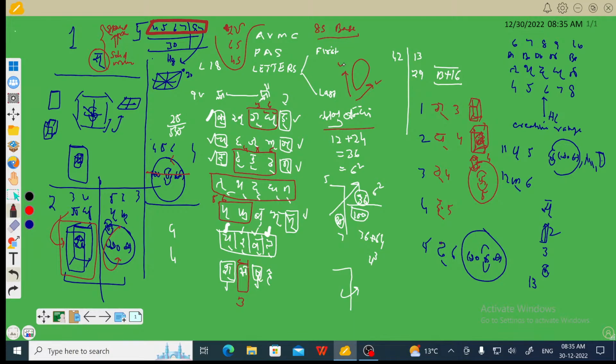Anubandhas as well are 13. The remaining are 16.